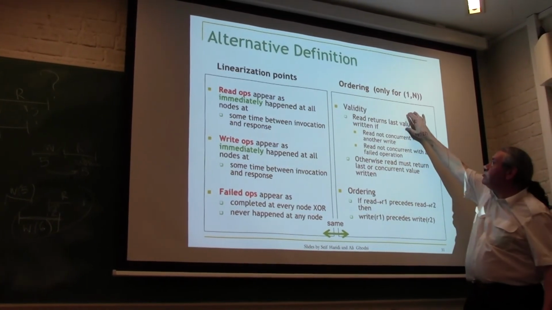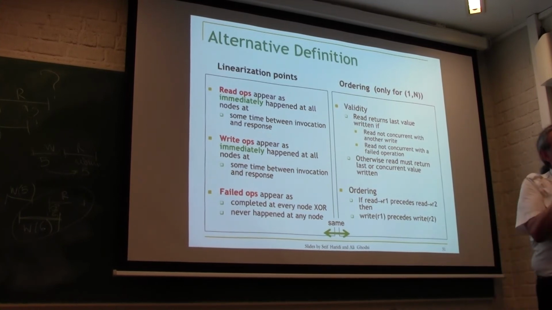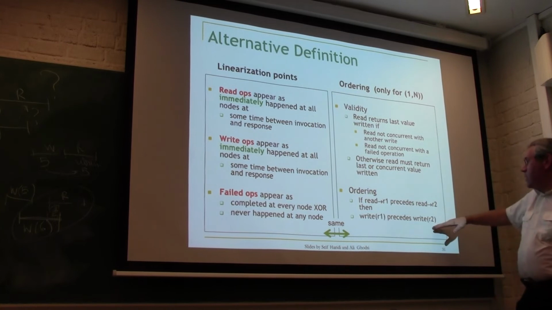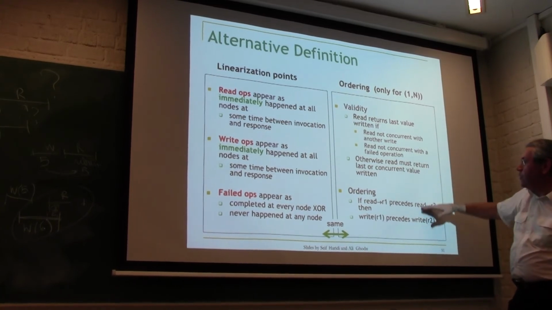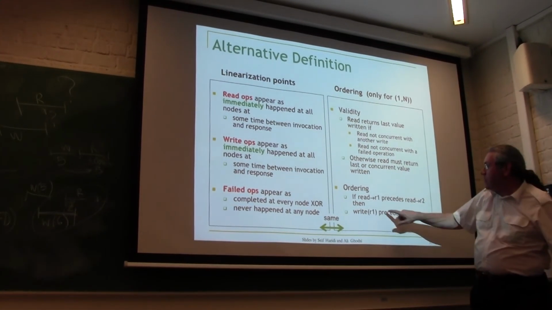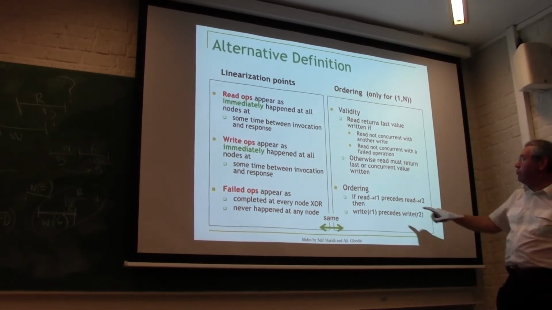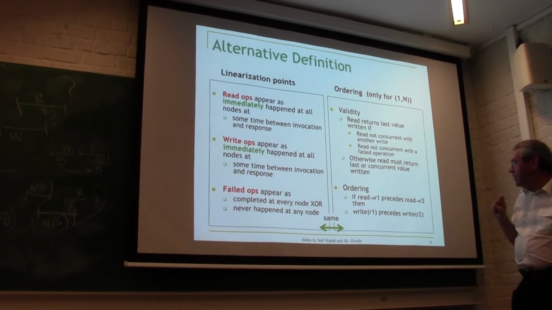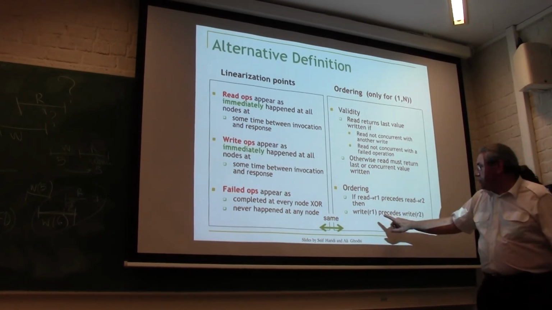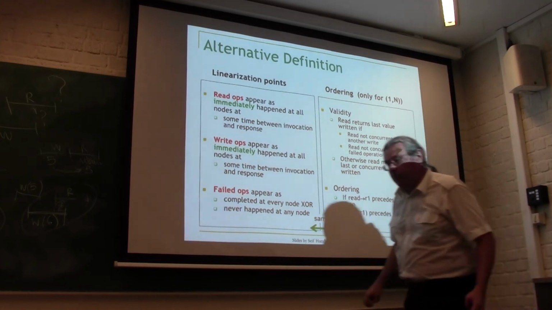Notice the regular register only has a problem when there's an overlap. And here we add something: we add ordering. If one read precedes another read, then the write it read from will also precede the other read's write.